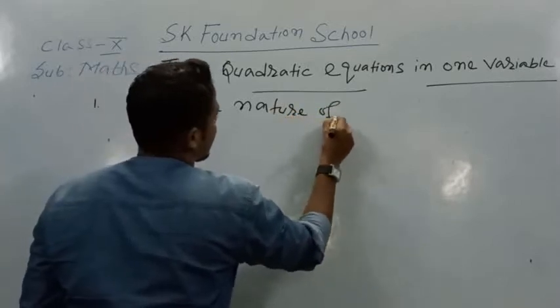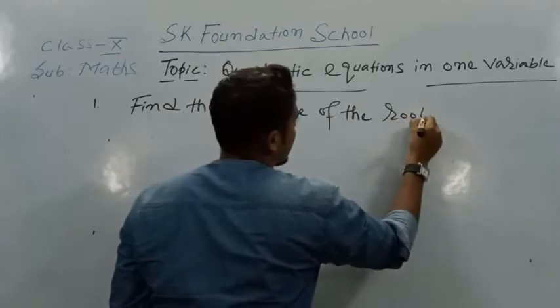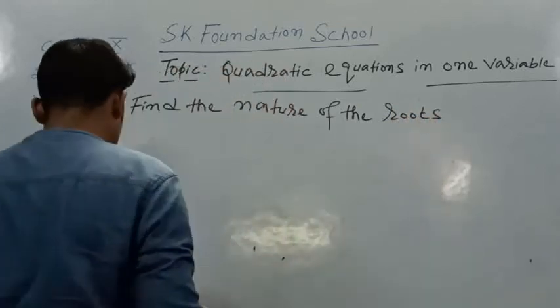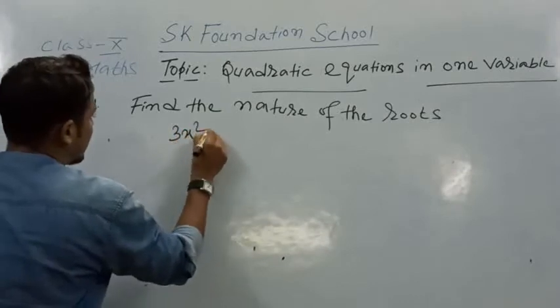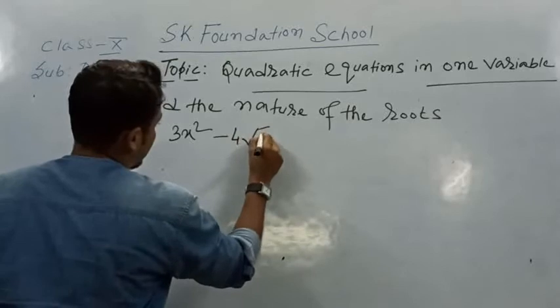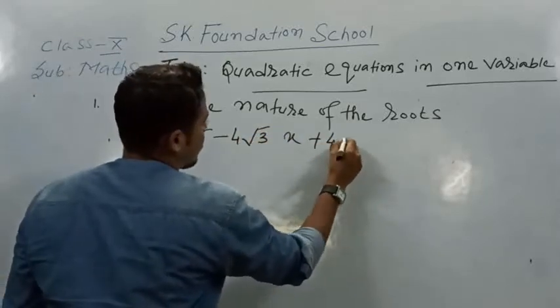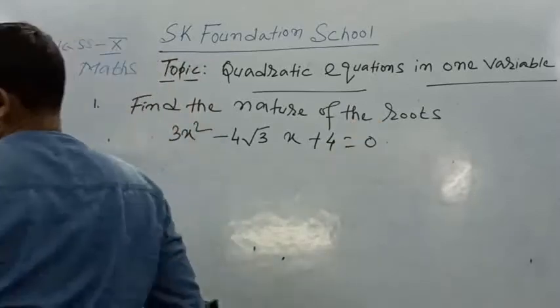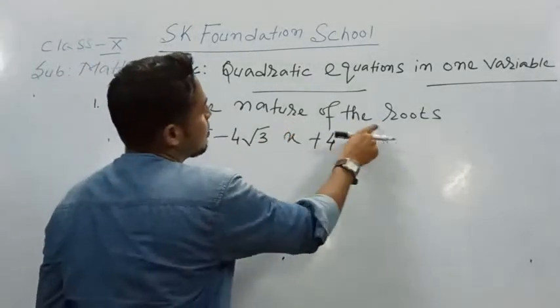Okay? And the equation is given: 3x square minus 4 root 3 x plus 4 equals to 0. This is our equation which is given, and the question is to find the nature of the roots.